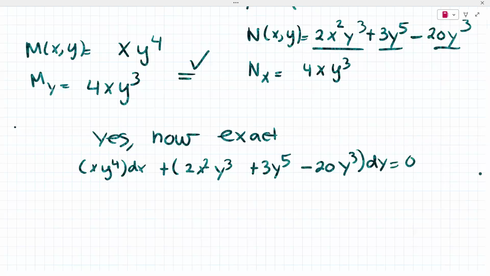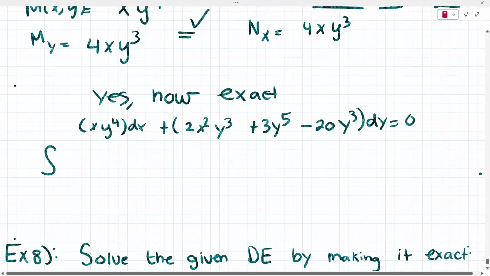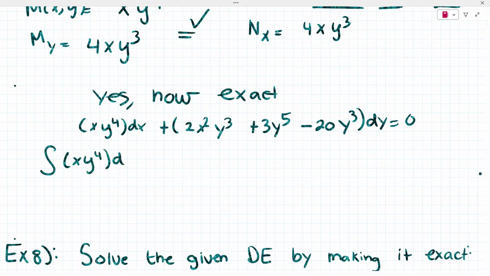What we do next is take the integration of both sides. So the integration of x y to the fourth with respect to dx, and then the integration of this whole thing.